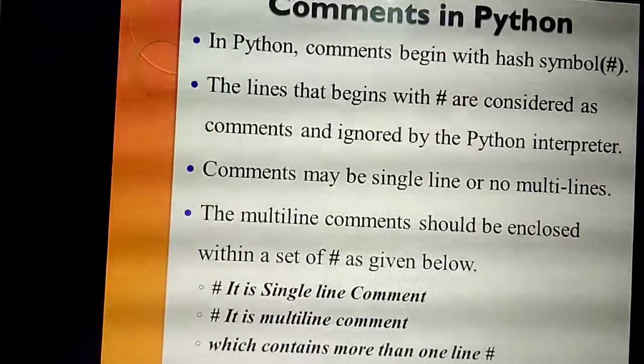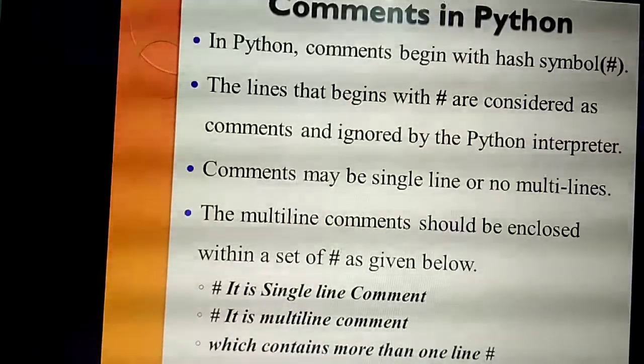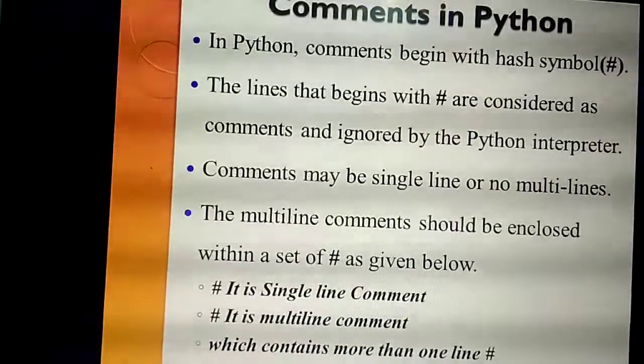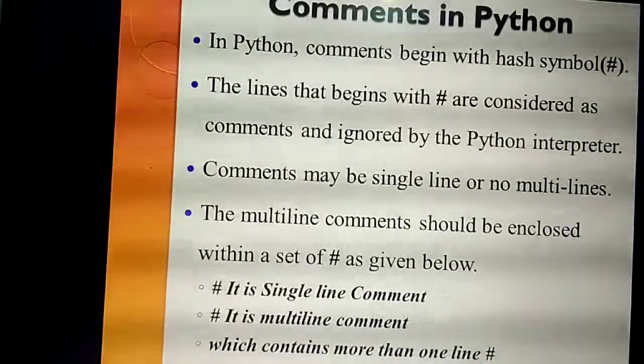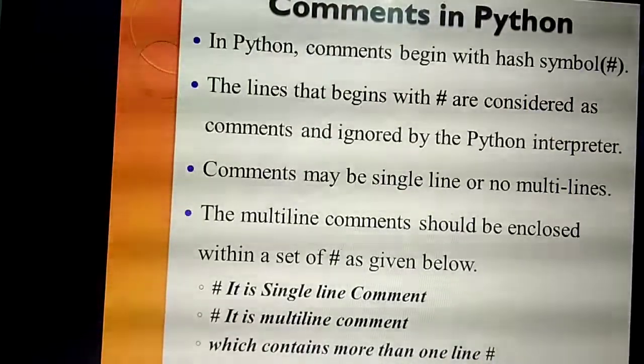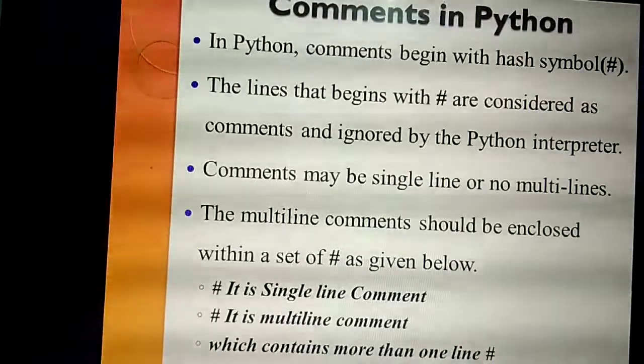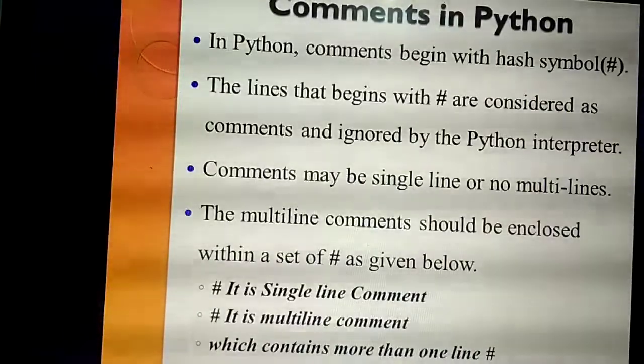Last class I explained. Compiler means you need to type the program, save the program, then compile it, then run the program. That is compilation. Interpreter means you type the program, save the program, and directly run the program.